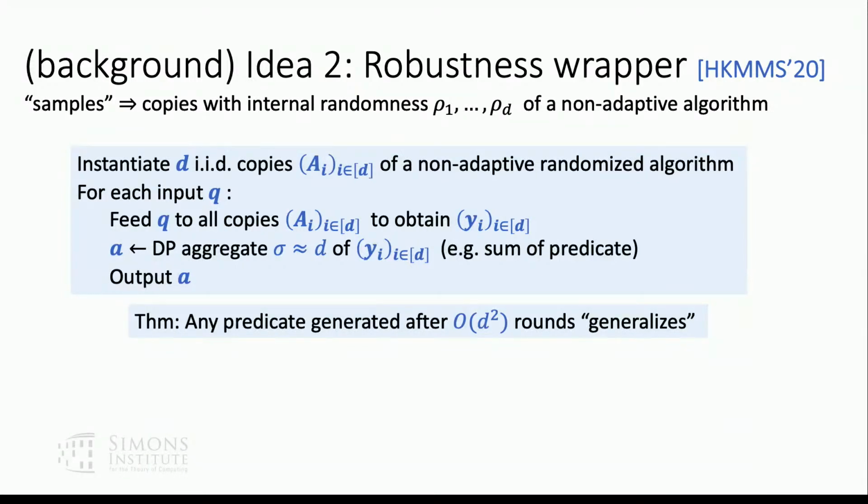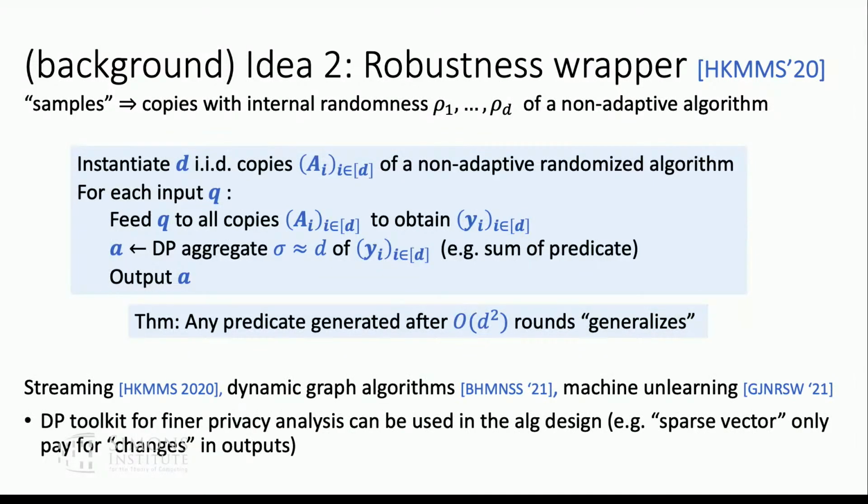And that means that we can support D-square such queries as long as we preserve the privacy. So this was very, very useful. Initially, Chaim and co-authors introduced this idea for streaming settings, but it's also useful for dynamic graph algorithms. It was also used in machine learning.